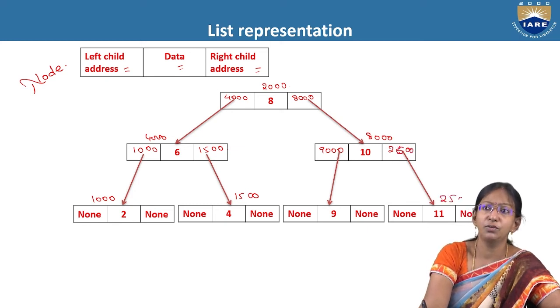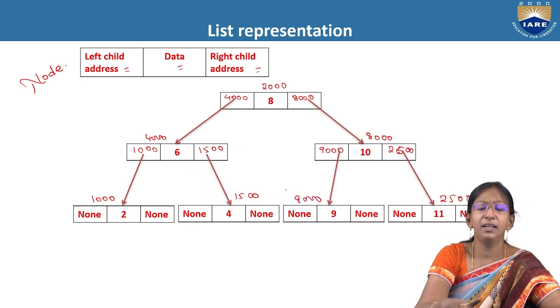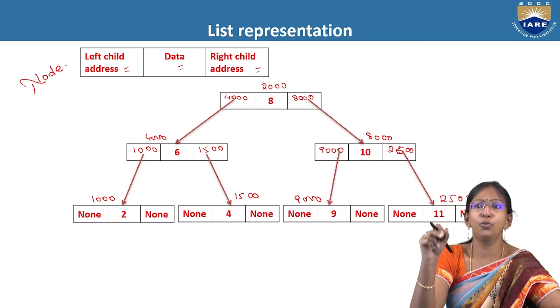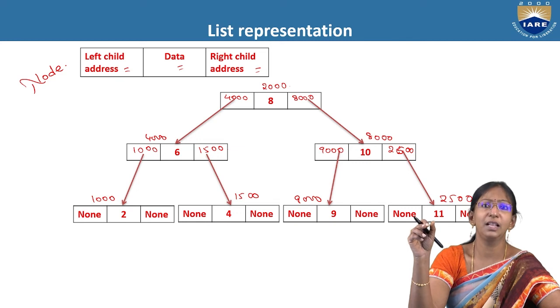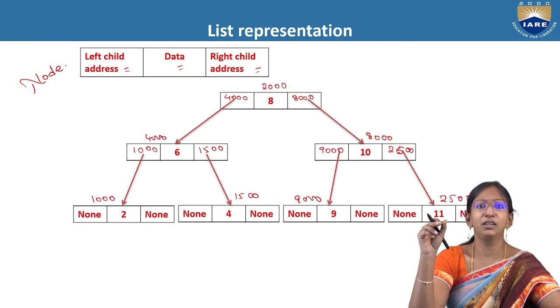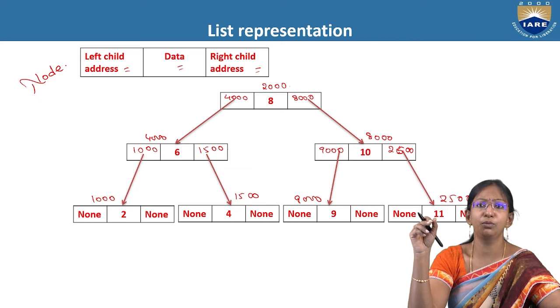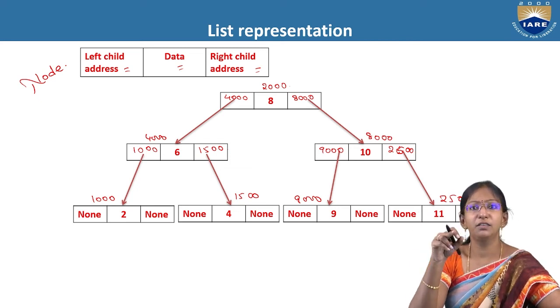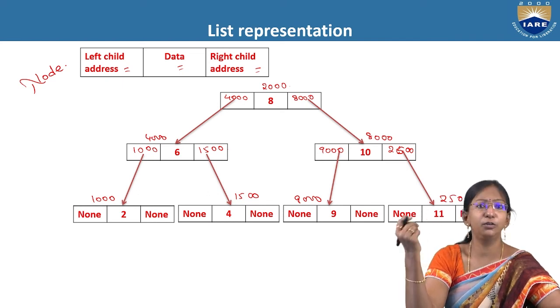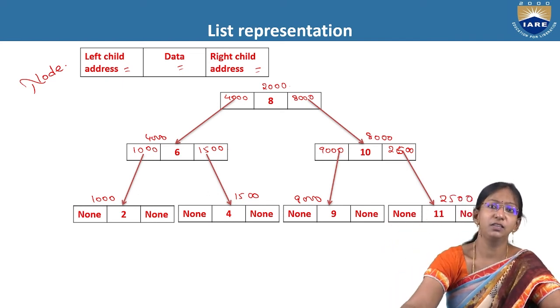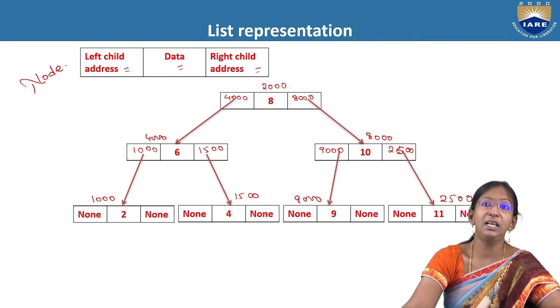So 11 is at 2500 and 9 is at location 9000. And as you can see, 2, 4, 9 and 11 do not have children. They are the leaf nodes. As they are leaf nodes, their left address part and right address part are filled with None, saying that they do not have children. Okay, like this you can use a linked list to represent a binary tree.